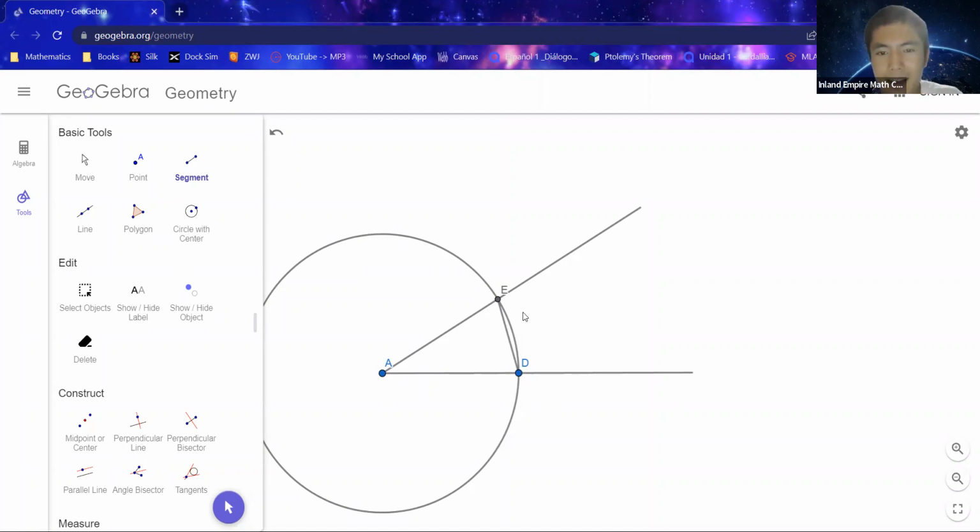So recall that last class we learned about how to construct a perpendicular bisector, which is a line through the midpoint of a given line segment that is also perpendicular to that line segment.